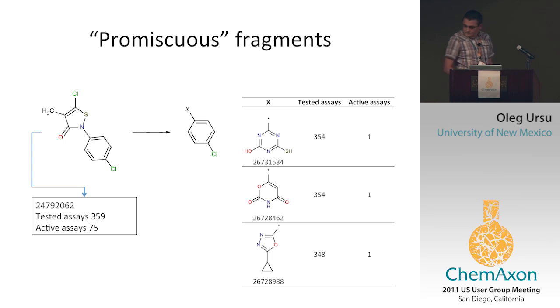This molecule was found active in 75 assays out of 300, and you have the same parent molecule with different fragments tested in almost the same number of assays, but almost no activity.